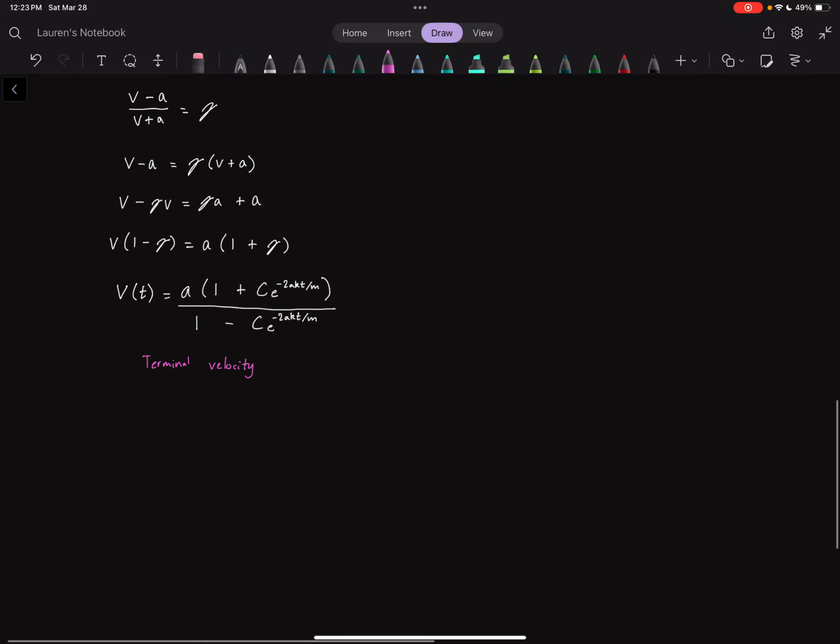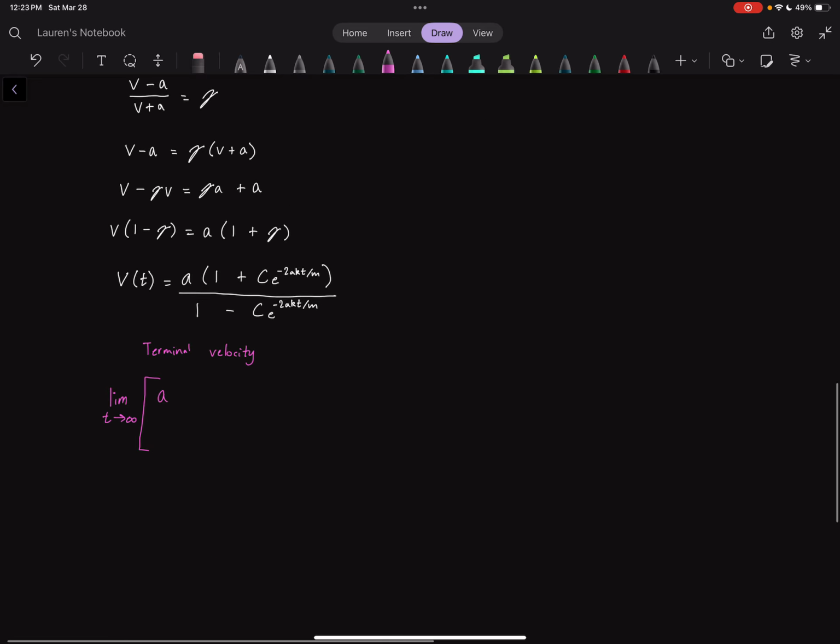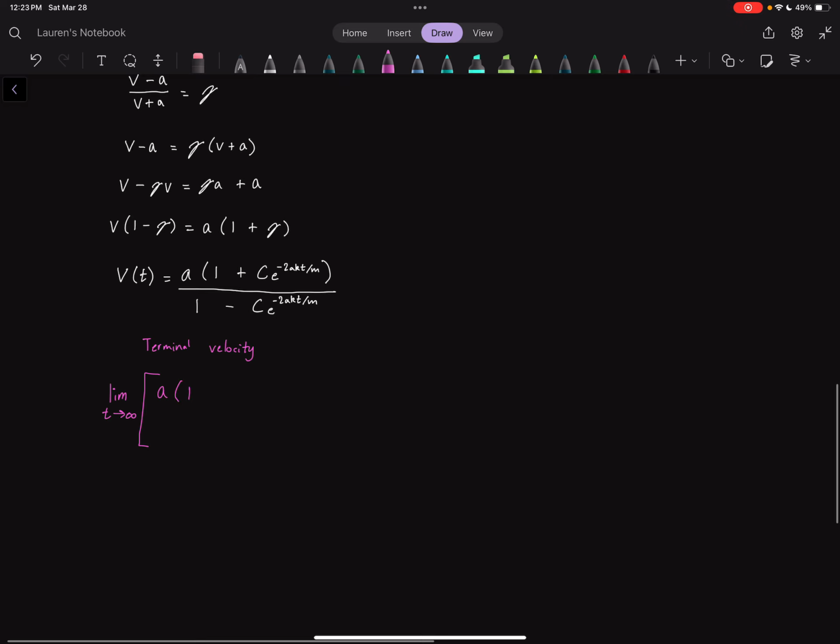So the limit as t goes to infinity of all of this junk, right, of a, which, well, we'll plug it in after, times 1 plus c e raised to the negative 2akt over m, divided by 1 minus c e to the negative 2akt over m.